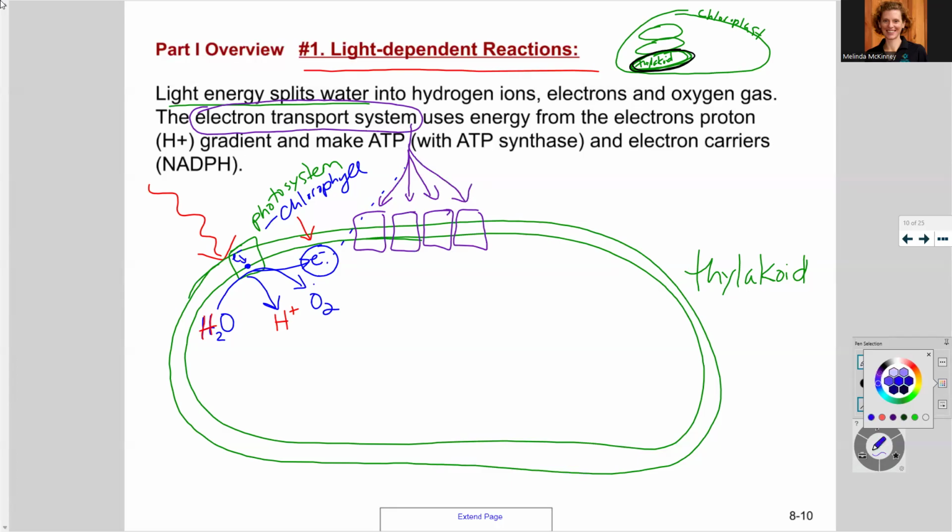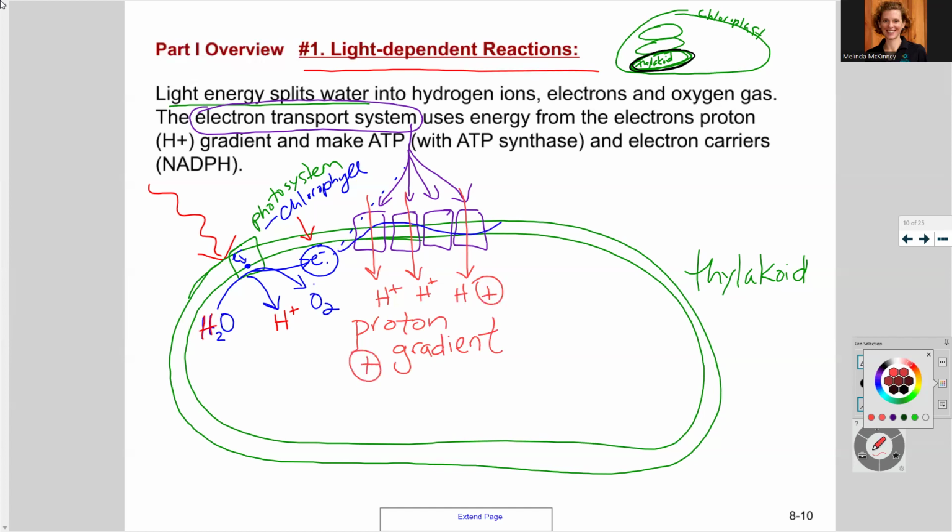The purpose is, as the electron goes through, some of the energy is going to be taken out of this electron, and the energy as it's taken out of the electron is going to be used to pump hydrogen ions into this space. So we're creating a little bit of a battery, and it's going to be a proton gradient.